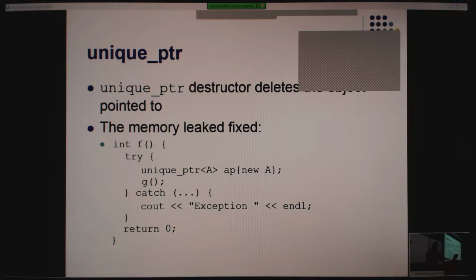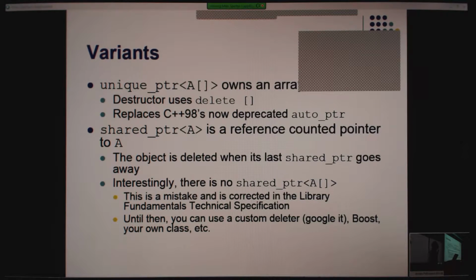By the way, before there was unique pointer, there was something in C++98 that did the same thing called auto pointer. Anyone know what happened to auto pointer? Yeah. Right. Auto pointer is fundamentally broken, and in fact, the brokenness of auto pointer is what I think led people to add move semantics to C++11 to fix it.